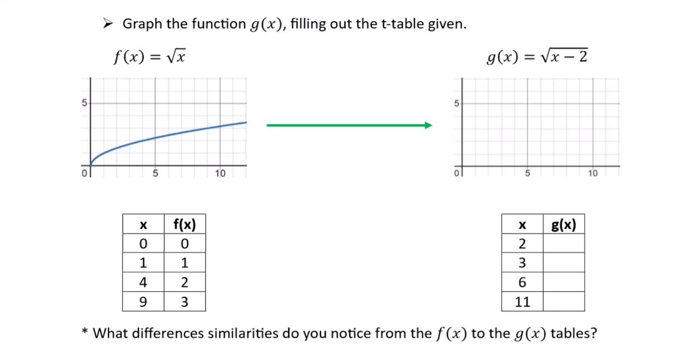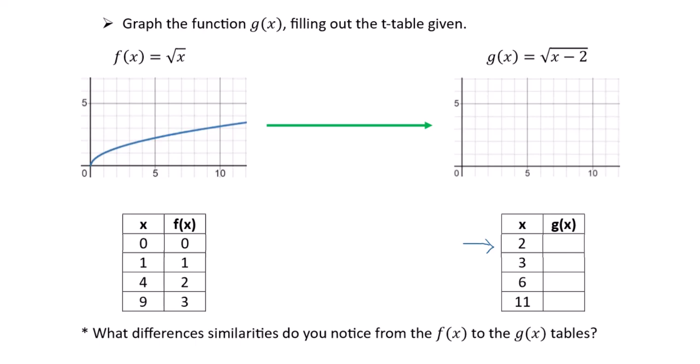Here is another simple transformation. Graph the function g of x, filling out the t-table given. We've started out with the parent function that we had before. With this new function over here, you can see we're not starting out with an x value of 0.